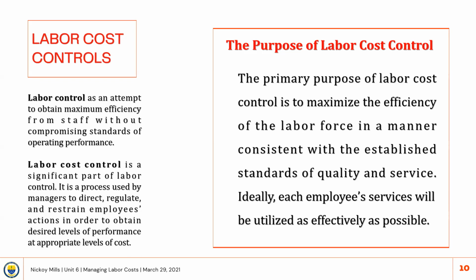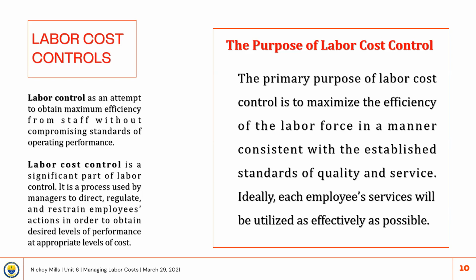The purpose of labor control. So the primary purpose of labor cost control is to maximize the efficiency of the labor force in a manner consistent with the established standards of quality and service. Ideally, each employee's service will be utilized as effectively as possible. There should be a sufficient number of dishwashers working to ensure that dishes are washed as efficiently as possible.